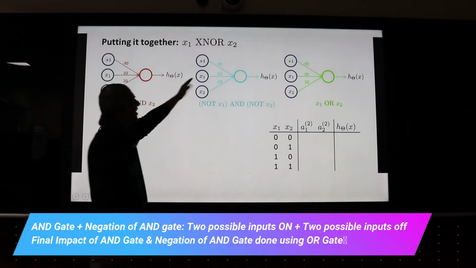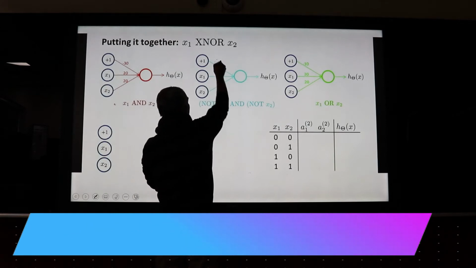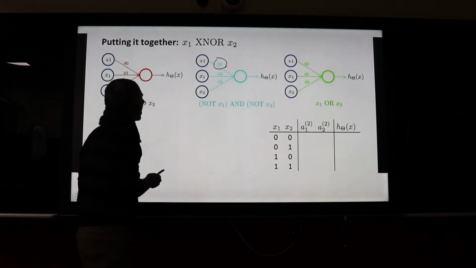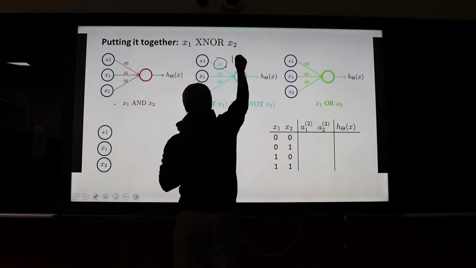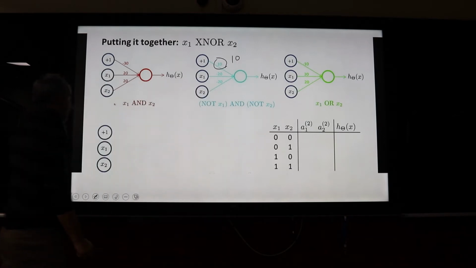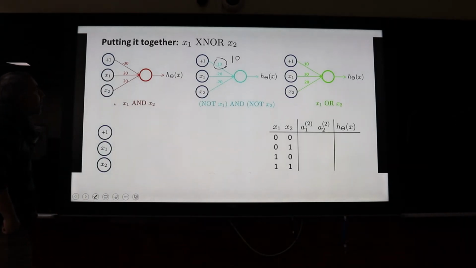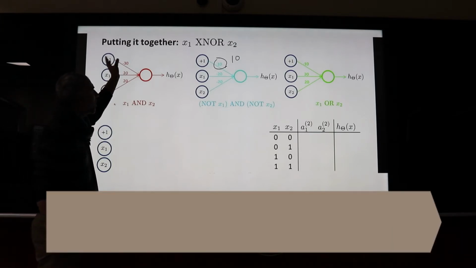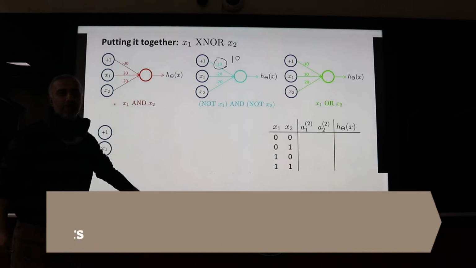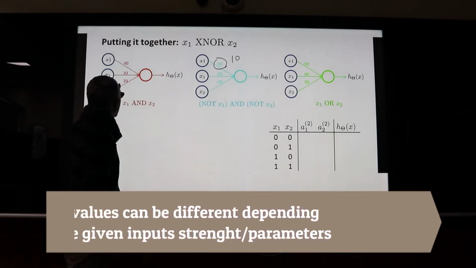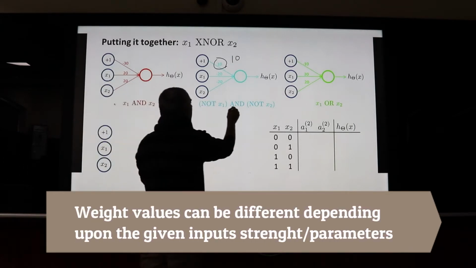But in this negation case, again we are decreasing the weight value, that is equivalent to 10. Okay, remember this. The reason is this: we are negating it. Once we are negating it, this negative 30 will transform into some positive value, and these plus 20, though they both are the AND gate.